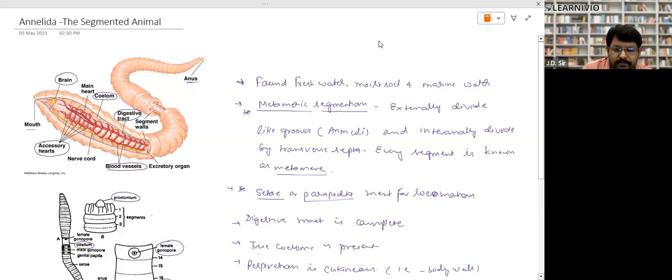Externally, the body is divided like grooves.